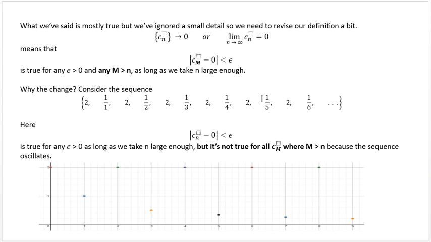But the problem is we keep oscillating. So what we want to say is, because this isn't true for all numbers bigger than n, what we do is we require that. We say, look, we write this, and we mean that this is true for any number bigger than a certain n.